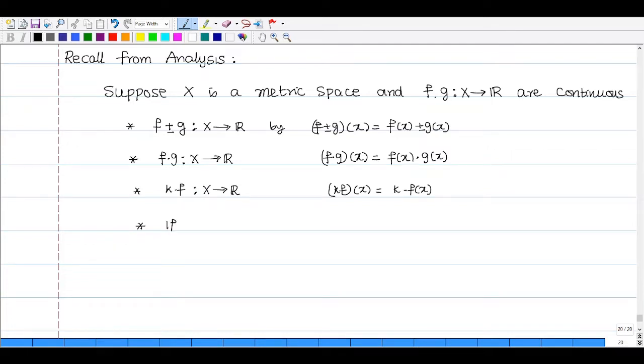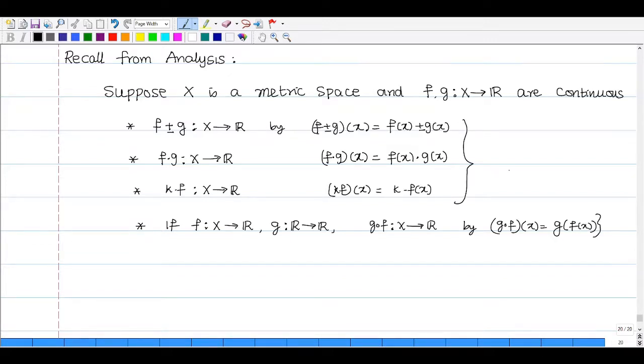If f is a function from X ல இருந்து R and g is a function from R ல இருந்து R, then we have g composition f is a function from X to R, defined by (g composition f) of x equals g of f of x. So these are all continuous.